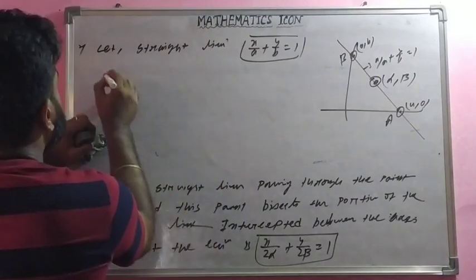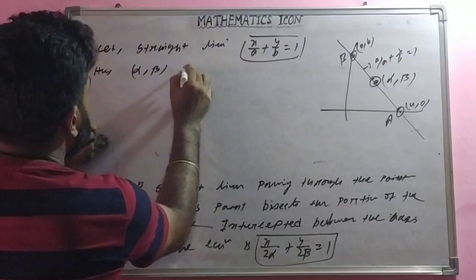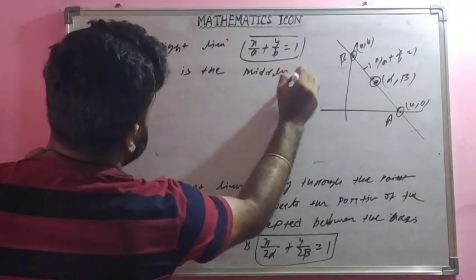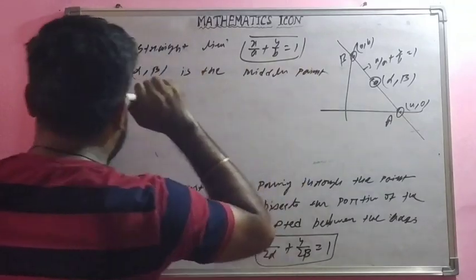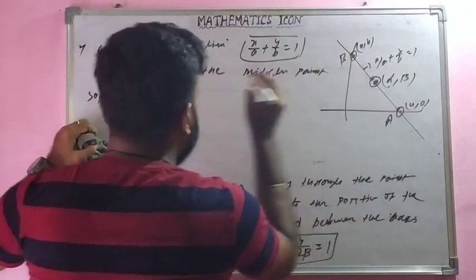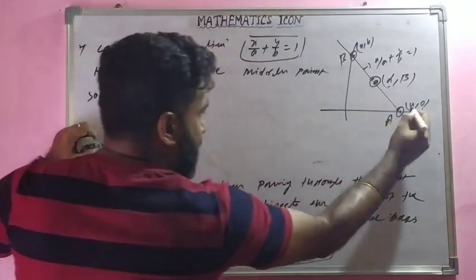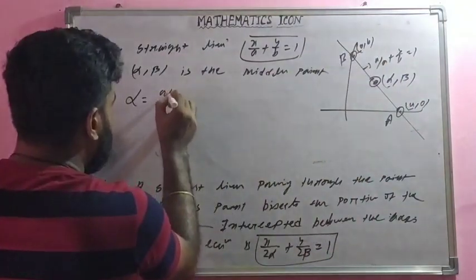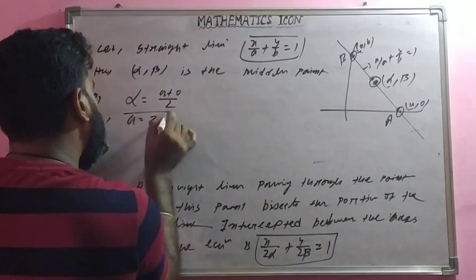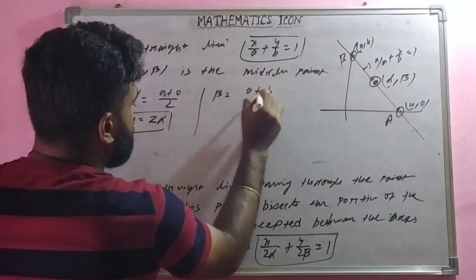ठीक है, सो हियर अल्फा कोमा बीटा इज द मिडल पॉइंट. सो अगर अल्फा कोमा बीटा मिडल पॉइंट है तो देखो तो ऐसे लिख सकता है कि नहीं, मिडल पॉइंट थ्योरम यूज करके alpha equals to (a plus 0) by 2. That means a equals to twice alpha. Similarly, beta equals to (0 plus b) by 2.